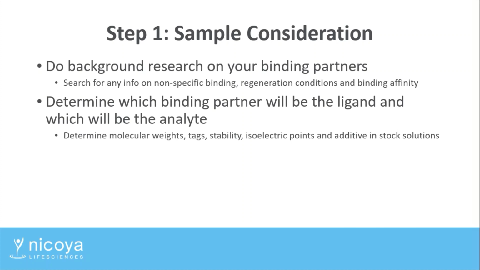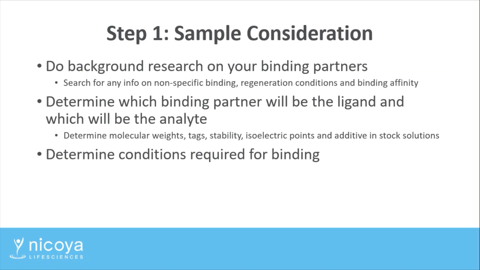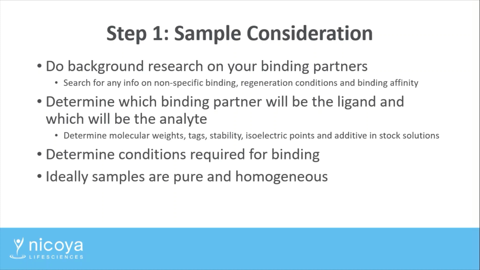Factors such as molecular weights, tags on the molecules, isoelectric points, and additives provided in stock solutions can help determine which binding partner should be used as the ligand and which will be used as the analyte. Next, you'll have to determine the conditions that are necessary for the required binding interaction to occur. And lastly, you want to ensure that your samples have been purified and are homogeneous.